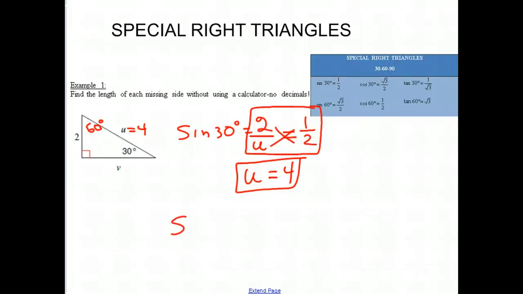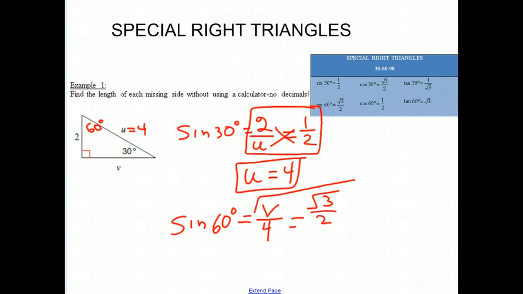So we can say that the sine of the 60-degree angle is equal to its opposite side v over the hypotenuse 4. And we know that the sine of 60 is the square root of 3 over 2. So here we have this.